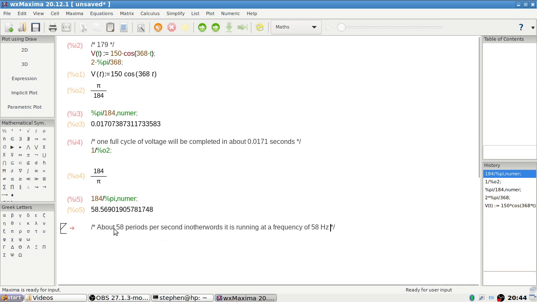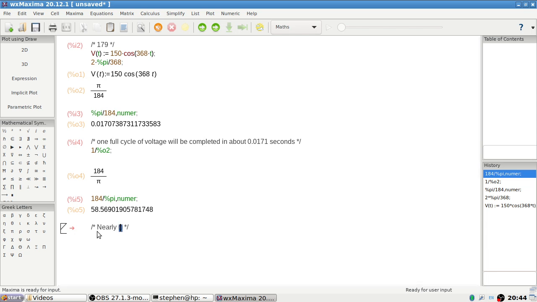So how about we compromise and we instead say nearly, but not fully, 59 cycles are completed in 1 second, meaning it is nearly running at 59 hertz, but not quite. That's the important thing. I didn't like actually rounding that one up because in my mind it's in the middle of the 59th one. Anyways, doesn't matter. Okay.